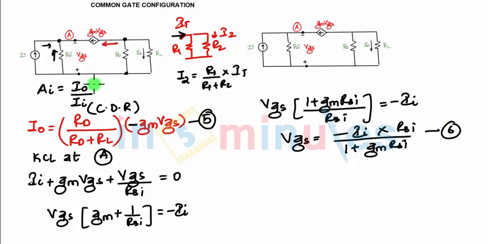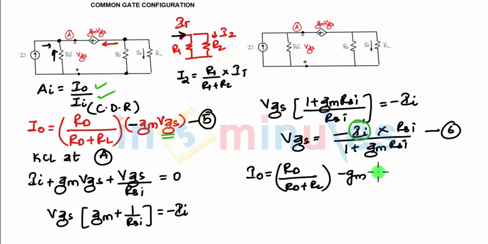Why have we got this? For current gain we required IO upon II. So if I am getting this VGS in terms of II, my problem is solved. Now I will substitute 6 in equation number 5. So we will get IO equals RD upon RD plus RL into minus GM, this is fixed, and instead of VGS I am writing minus II into RSI upon 1 plus GM into RSI, right?